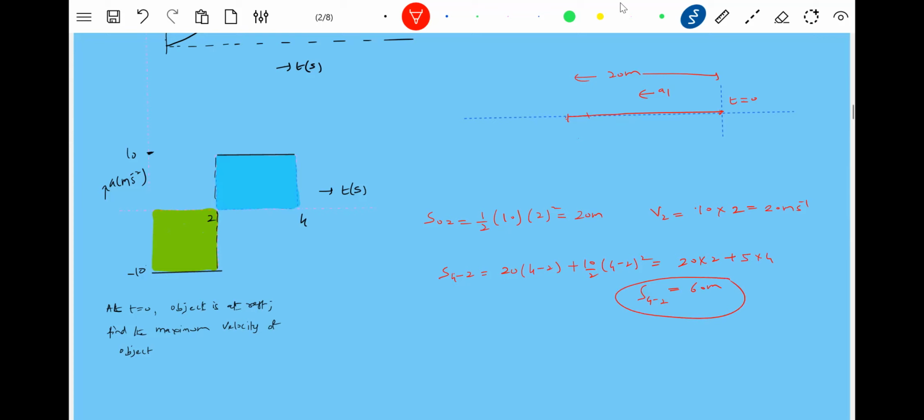Is it acceleration or retardation? Actually, it should be retardation.